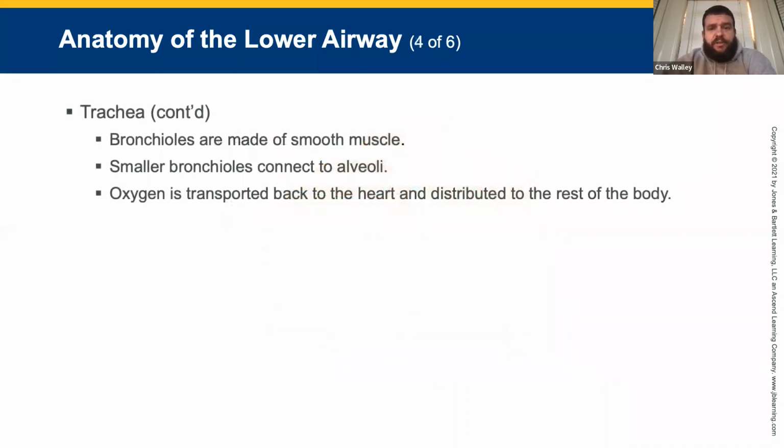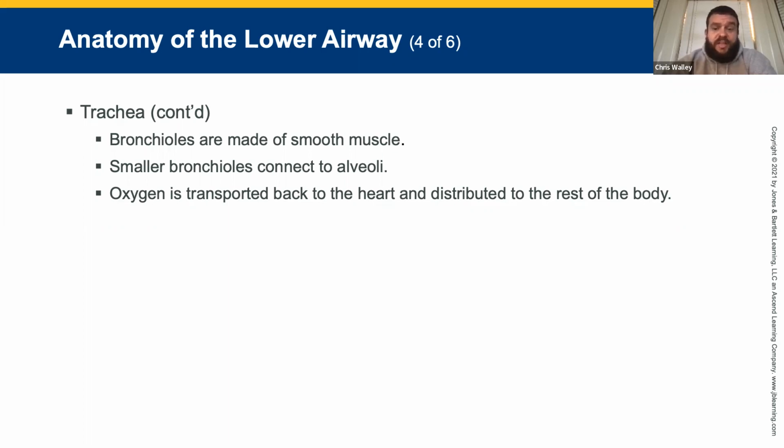All right, so the bronchioles are made of smooth muscle. They dilate and constrict as oxygen passes through them. The smaller bronchioles connect to the alveoli, which are the site of oxygen and carbon dioxide exchange. Millions of thin-walled, balloon-like alveoli are surrounded by blood vessels called pulmonary capillaries, and oxygen diffuses across the alveolar membrane into the pulmonary capillaries.